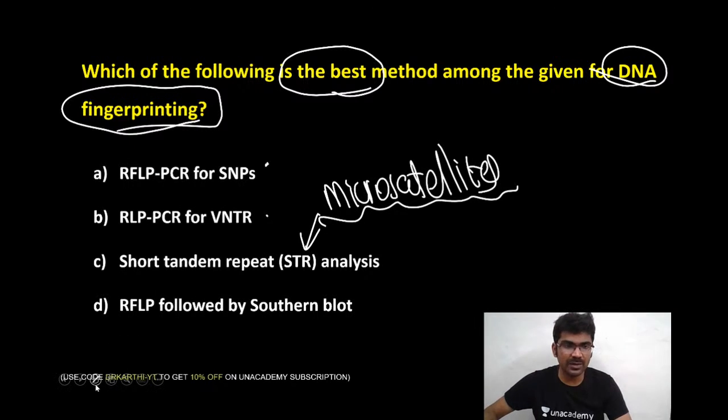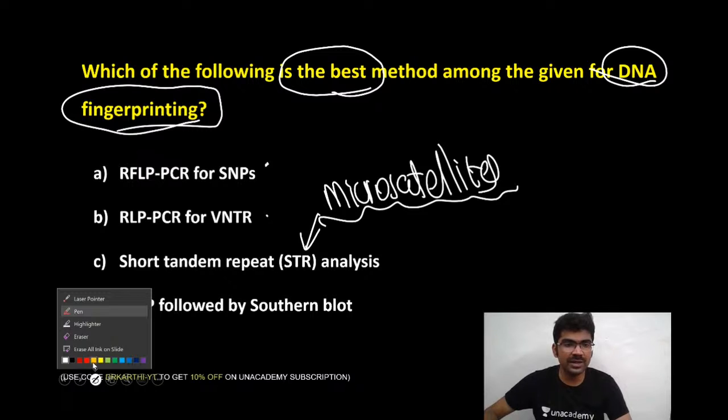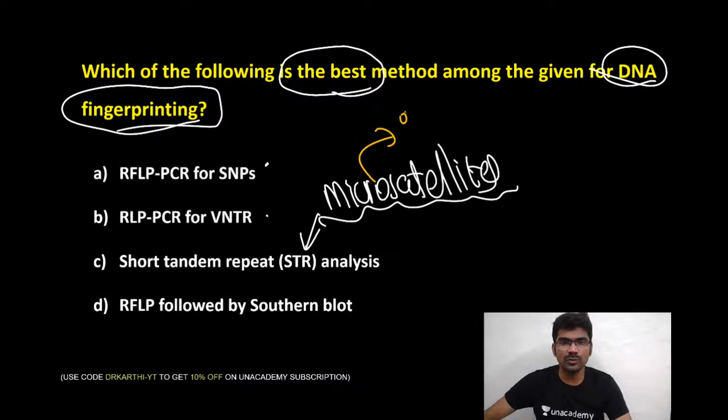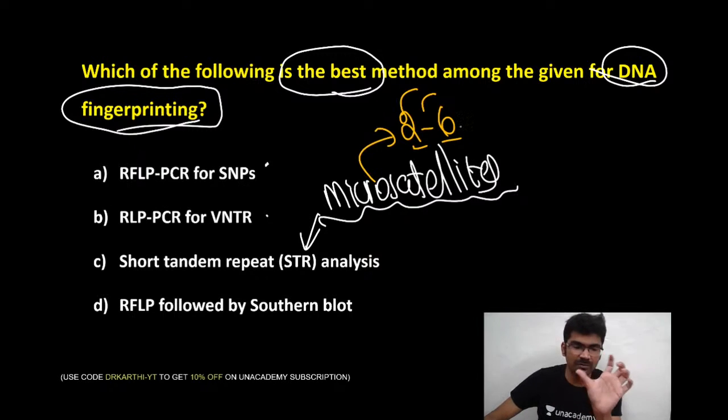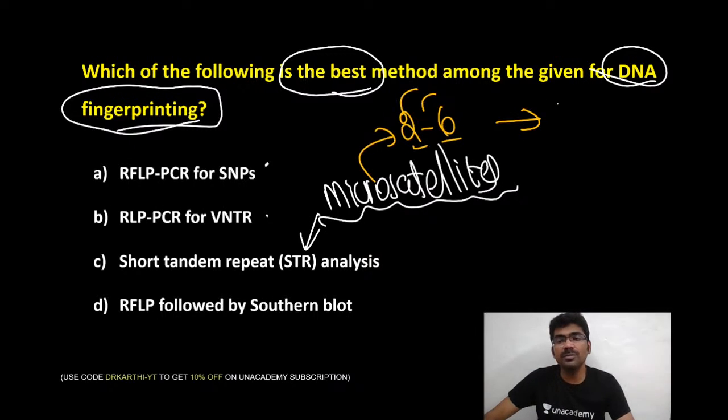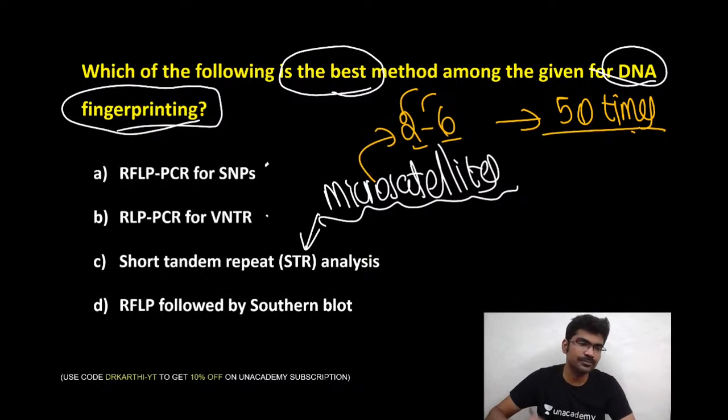It can be a dinucleotide, it can be a trinucleotide. The size of the repeat will be from 2 to 6, and the repeat will go up to 50 times.